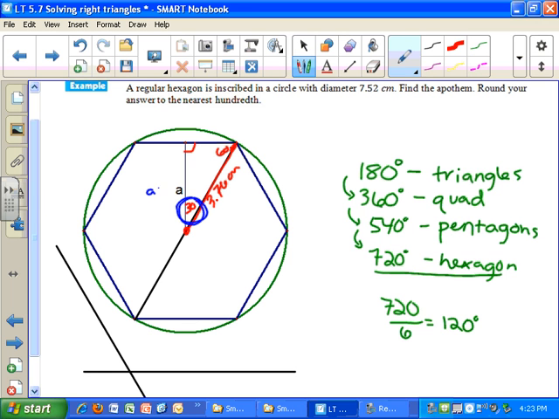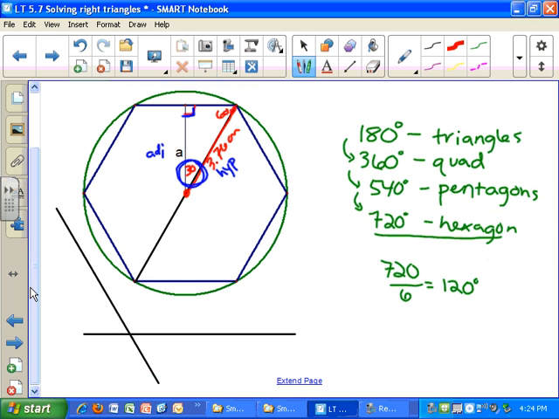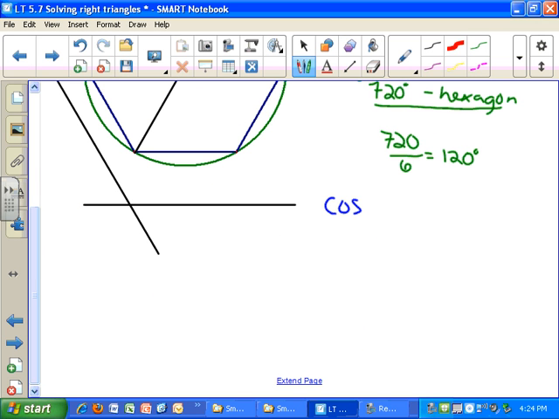Now I can label the apothem as adjacent, and 3.76 is my hypotenuse because it's across from the 90-degree angle. So now, knowing that I need to use the adjacent side and the hypotenuse, I can set up my trig function, and I'm going to have to set up cosine. So cosine of my angle, remember I chose that 30-degree angle, is adjacent A over the hypotenuse 3.76 centimeters.